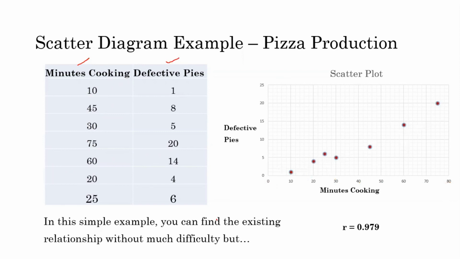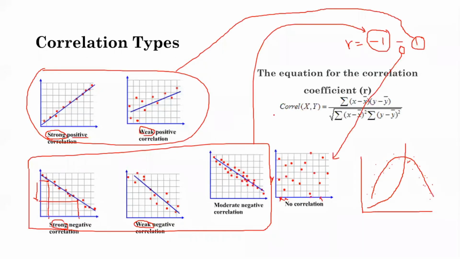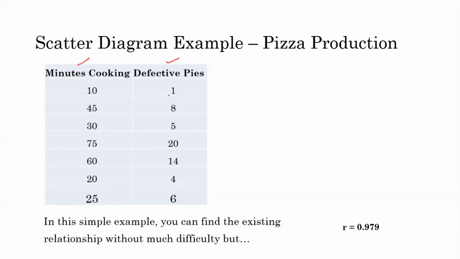የሚለውን ለማየት እንችላለን ማለት ነው። So you can see that as you increase the time, then the defective pies would increase. And when you look at the values and use this correlation formula, you identify እነዚህን ደምራችሁ mean value, the defective pie mean value ማውጣት ትችላላችሁ.